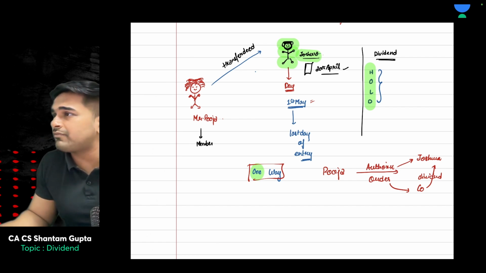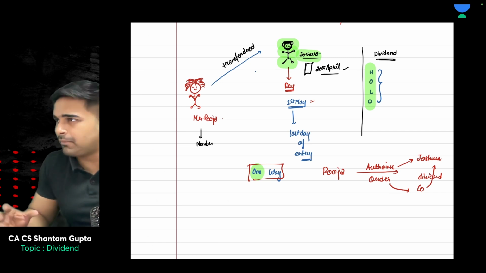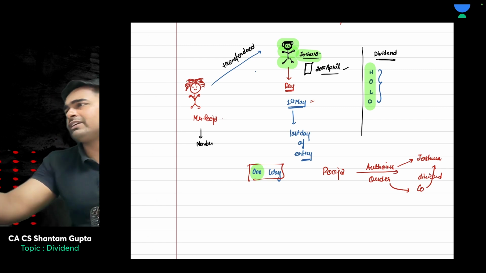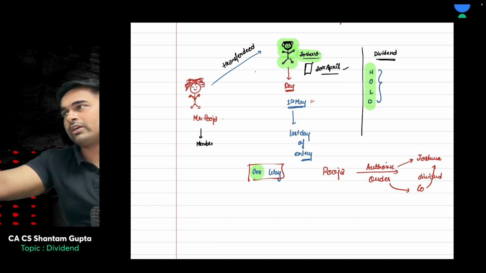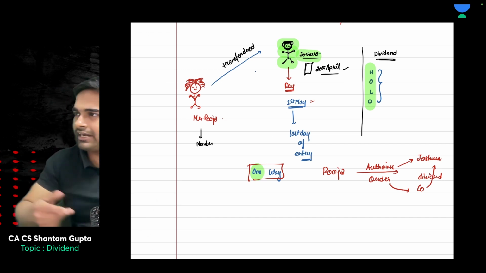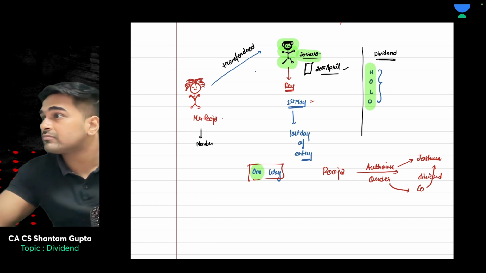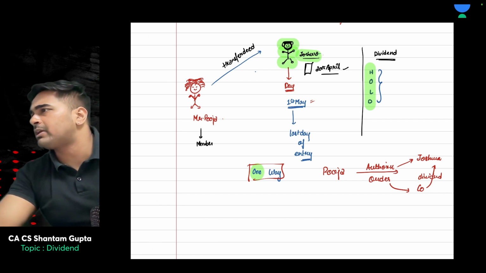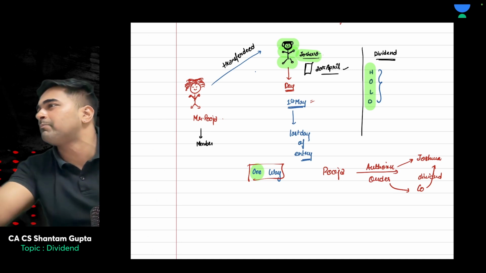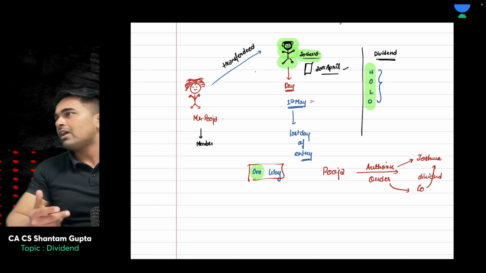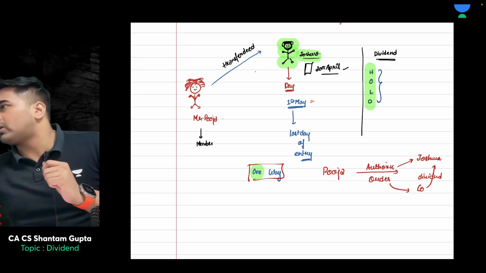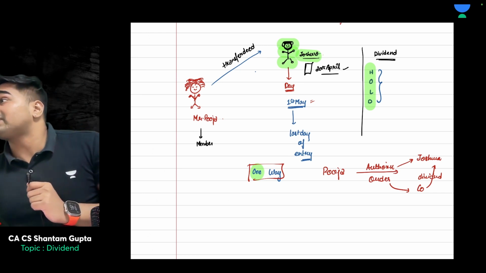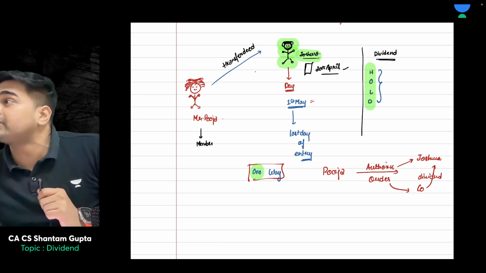Within 90 days, if someone comes to claim that amount, obviously, it will be with interest because it was in a bank account. So whatever has accumulated in that 90 days, he will get. But there is no benefit, there is no loss also for the company, na? Because bank is paying interest on that money. Company is not paying. That 12% which was there, that 12% is if the company does not deposit it within 7 days.